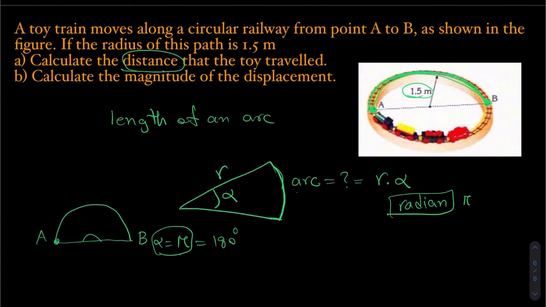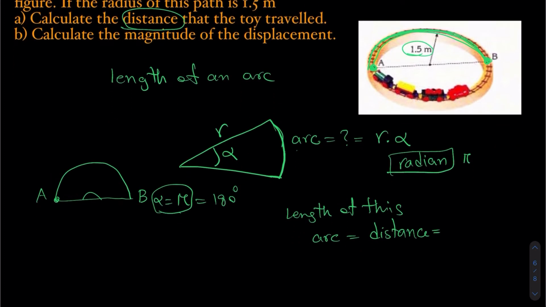And now if I just want to find the length of this arc, I say the length of this arc is equal to distance, and it is equal to pi r, which will be equal to, r is 1.5 meters.